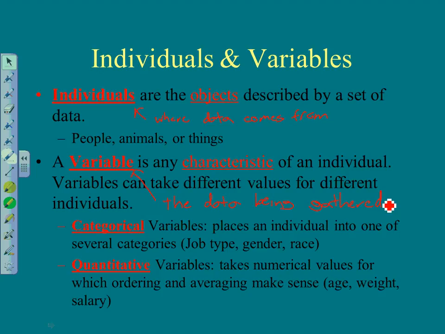Quantitative are things that typically take numerical values. Sometimes they don't have to, but the key to quantitative variables is that averaging makes sense. Categorical, I would just write job type, gender, race. Quantitative, just numbers, and averaging makes sense.